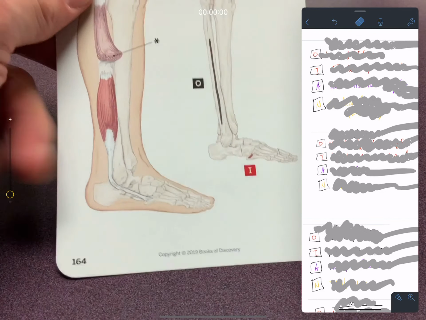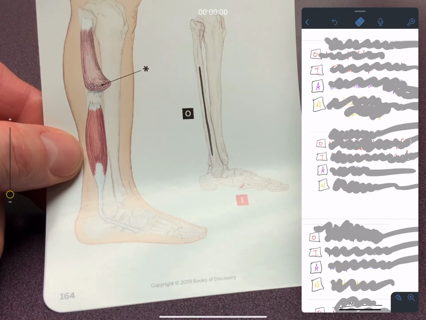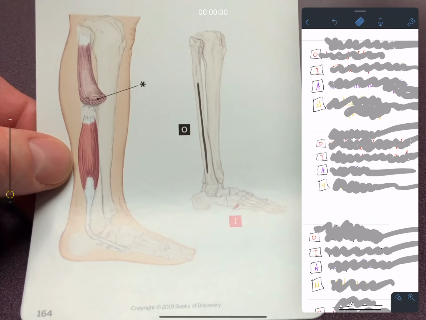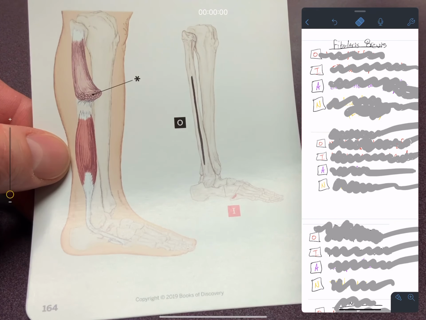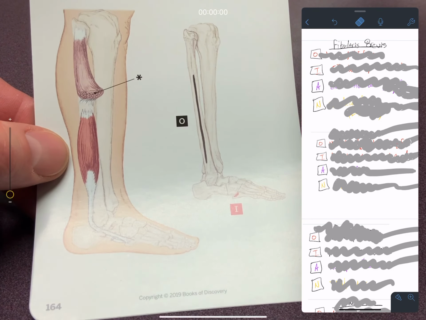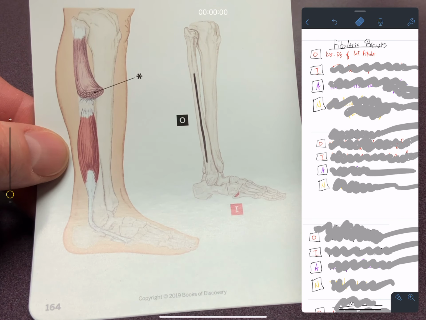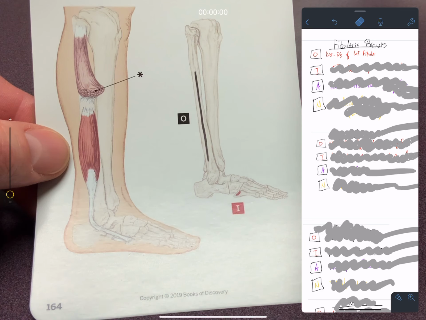Here we have the fibularis brevis, the short one. Its origin is the head of the fibula, the distal 2/3 of the fibula.